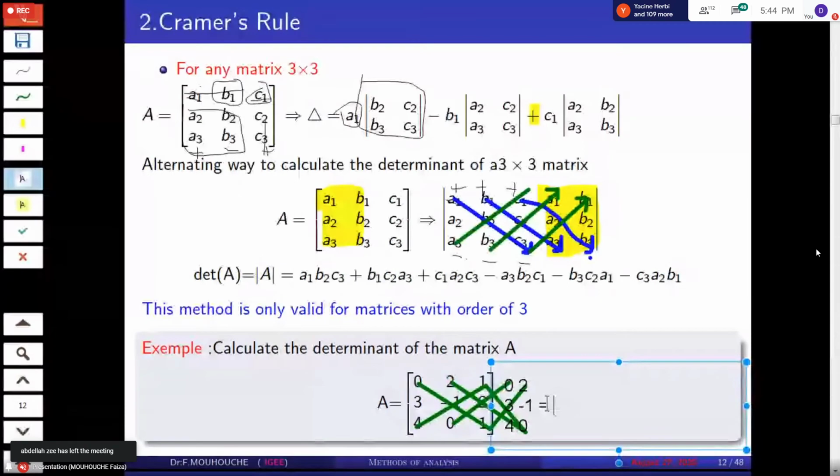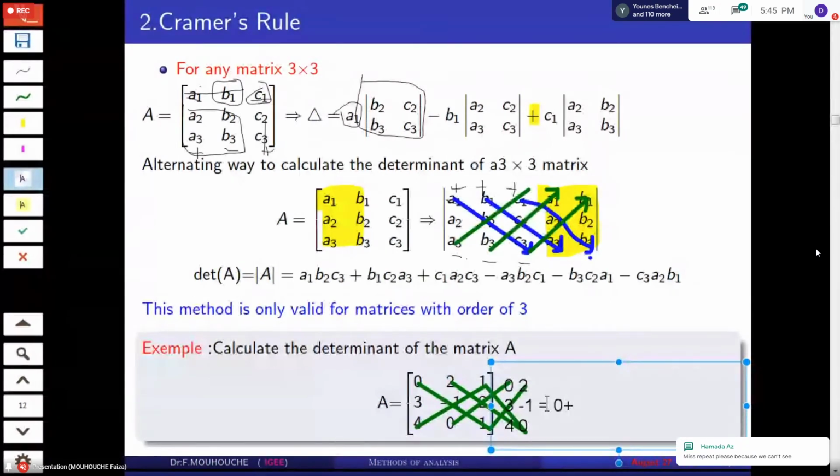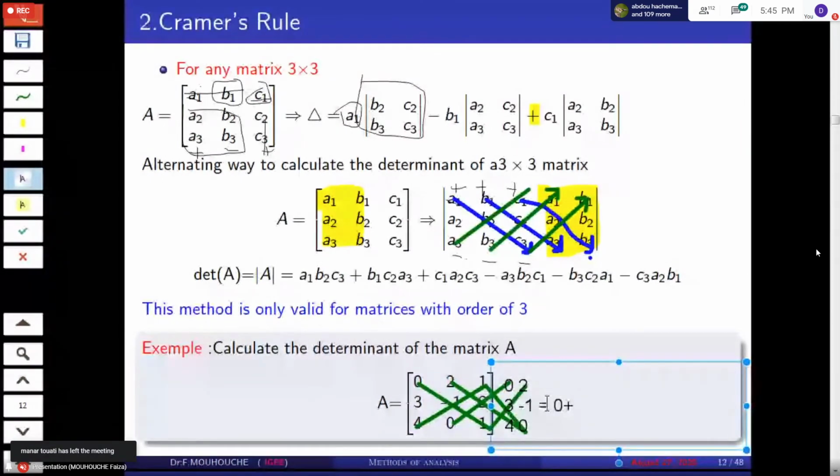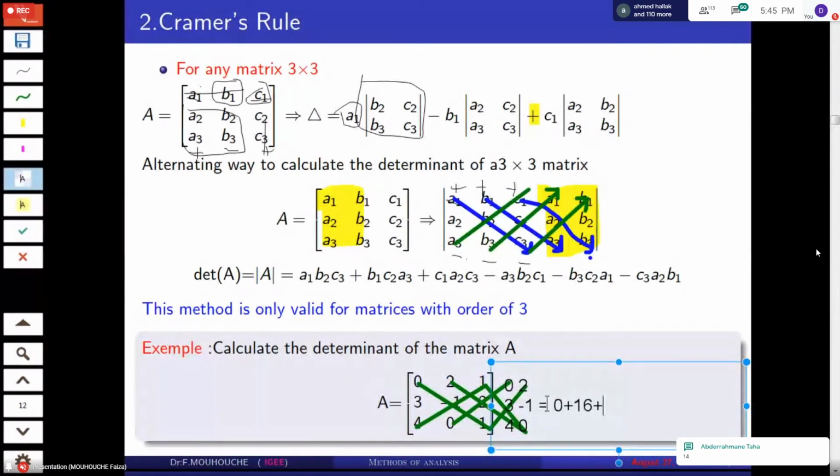We start from the top. We have 0, then 2 multiplied by 2 multiplied by 4, which is 16, plus 1 multiplied by 3 multiplied by 0, which is 0.